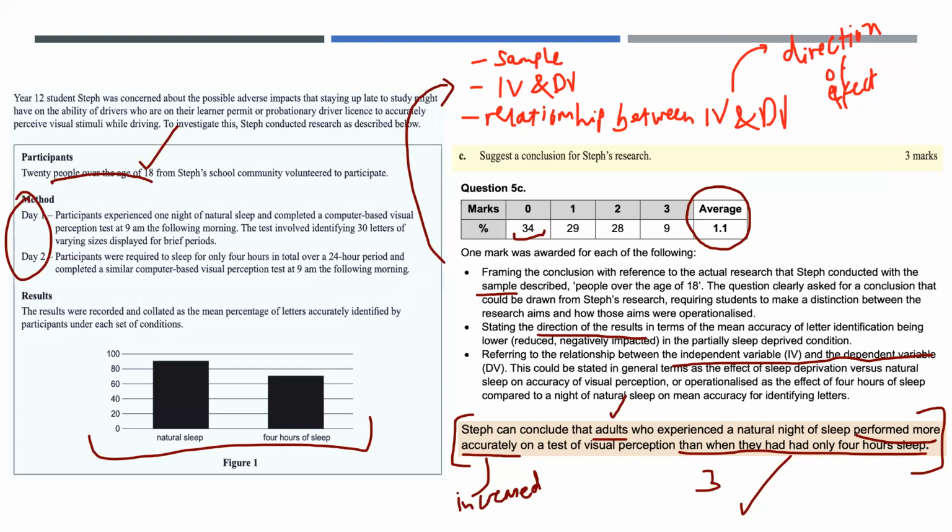I don't understand when you said relationship between the IV and DV. Do you mean how to compare it afterwards? Yeah, so basically when we say relationship between IV and DV, we're saying how does the IV affect the DV? That's what we're talking about.